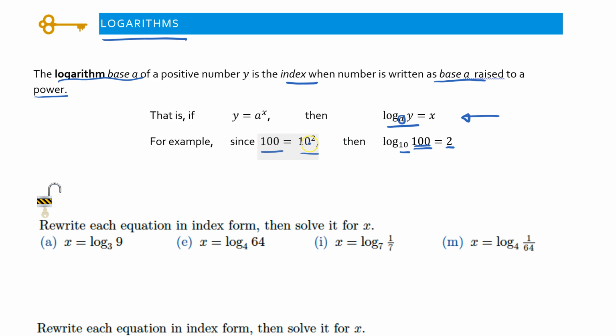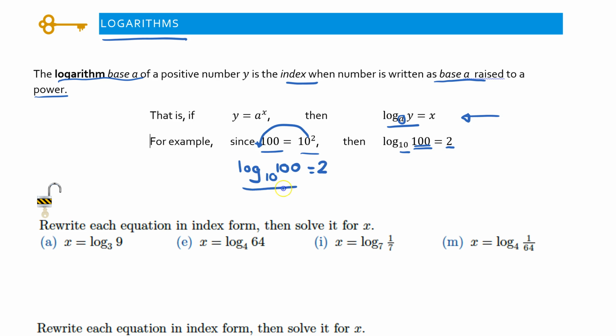If I take the log of 100, then this 10 floats down here, it goes around into here, and I'm left with the 2. So this is the relationship: the log to base 10 of 100 equals 2.